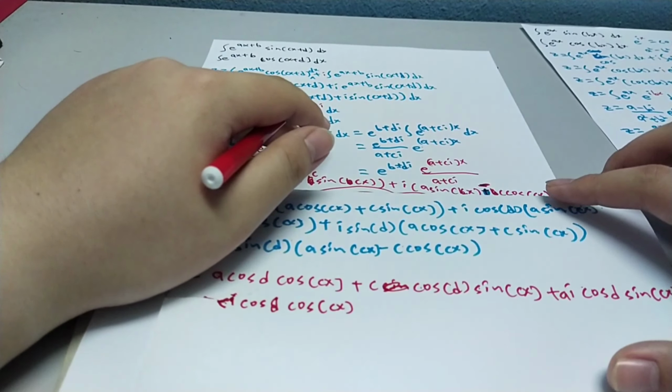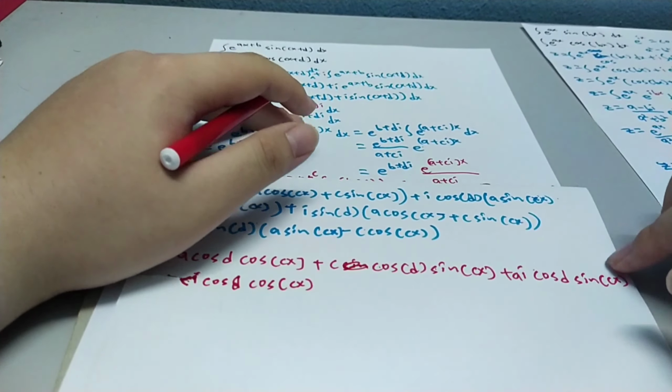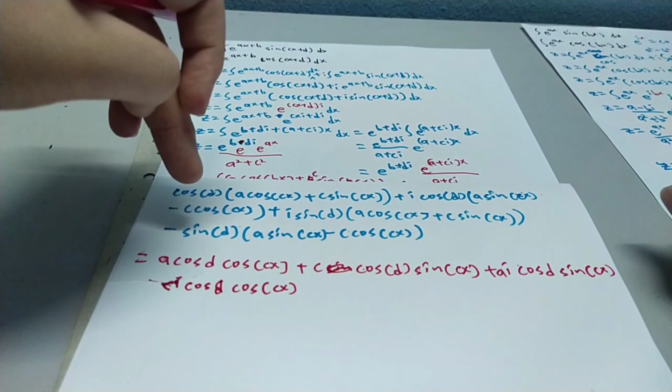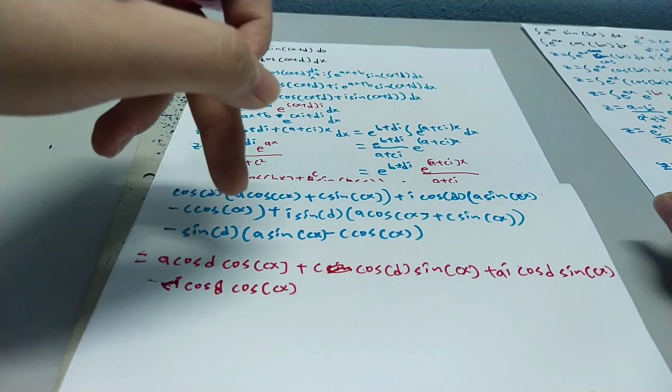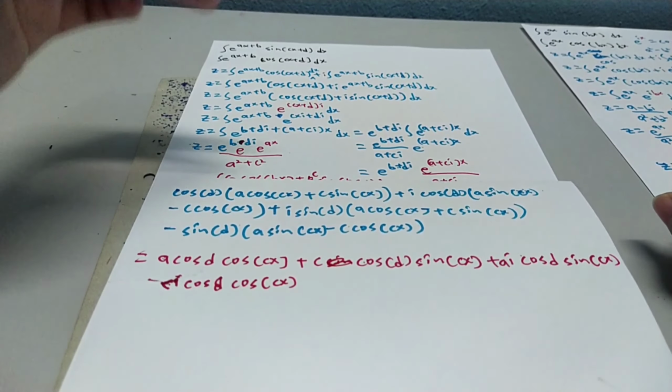So yeah, it's going to take more time. Let me just double check the answer. So a times cosine of d, c times cosine of d. Okay, so far no problem at all.